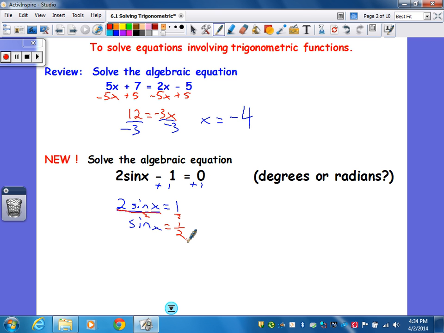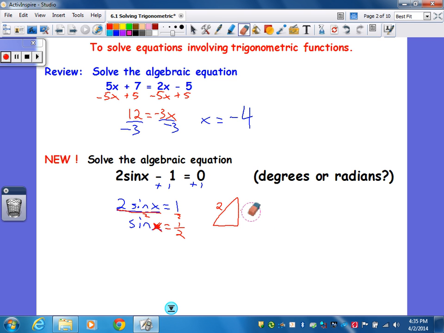A lot of you are thinking now, oh, 1/2. Sine x equals 1/2. So this x right here has to be an angle. We're working with a triangle that we know, and sine is SOHCAHTOA, so opposite over adjacent. Sorry, opposite over hypotenuse, my bad.